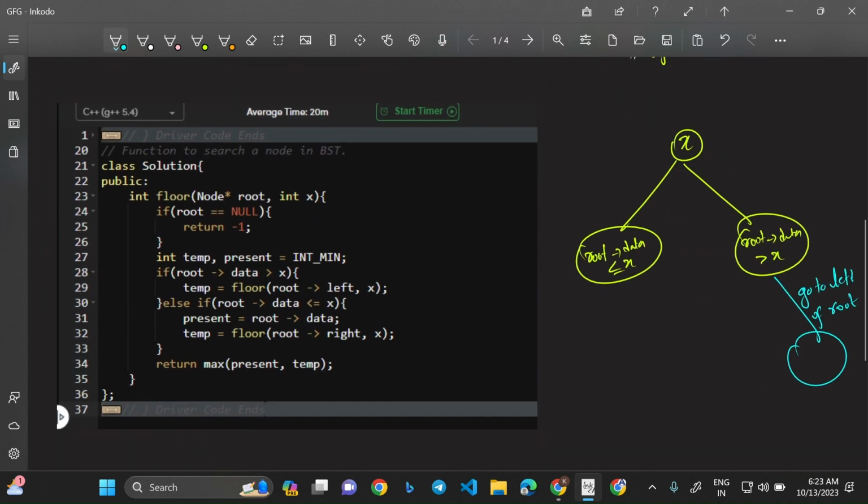So when the root on which we are standing has data greater than X, we'll go to the left of root, and then we'll again do the analysis.